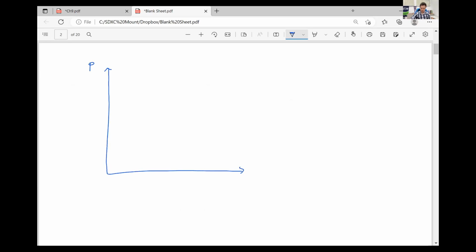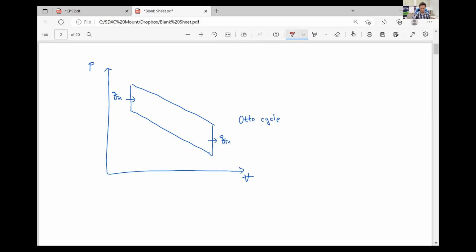For an Otto cycle, the PV diagram looks like this. Q in is constant volume, and Q out is also constant volume. So this is the Otto cycle. How about the diesel cycle?